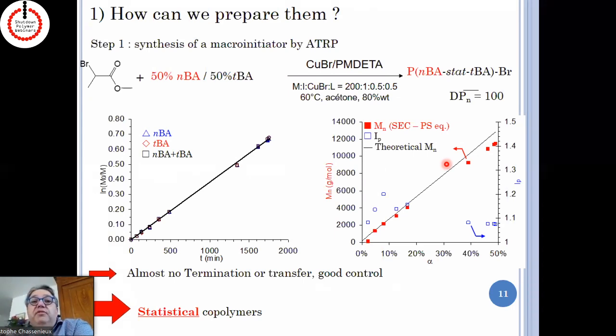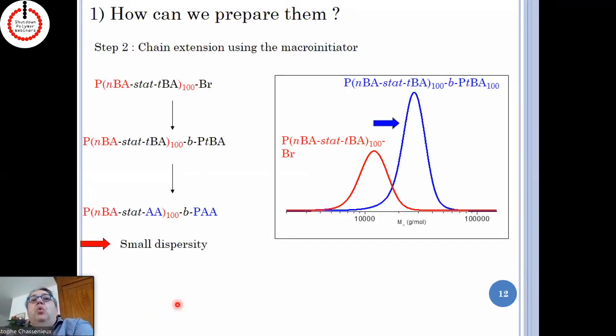The thing which is very, very important to see from this plot is that the copolymer is purely statistical, which is very important.